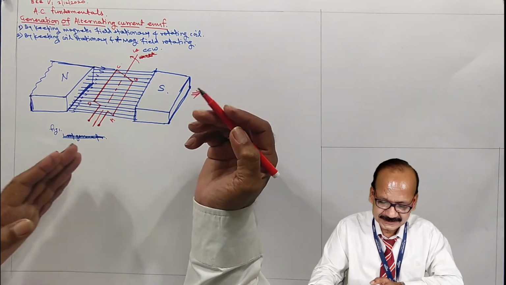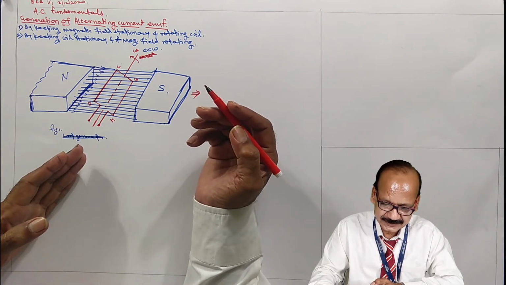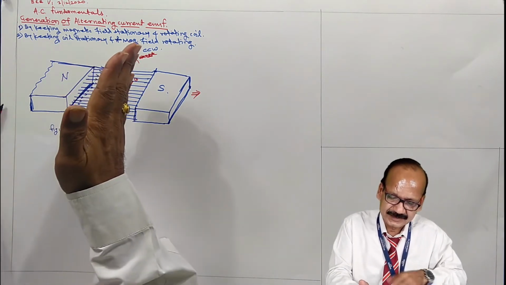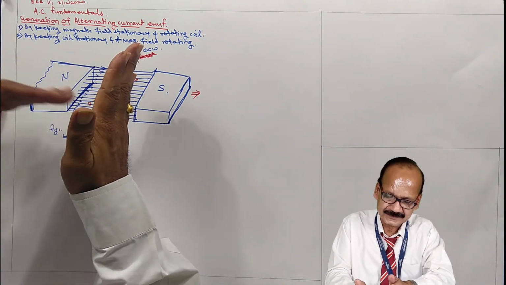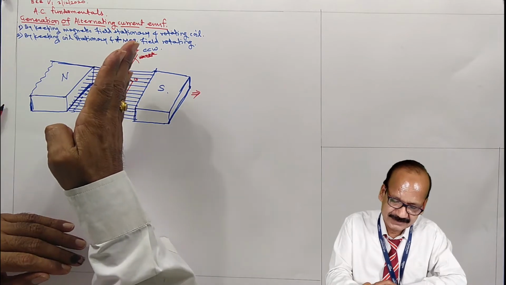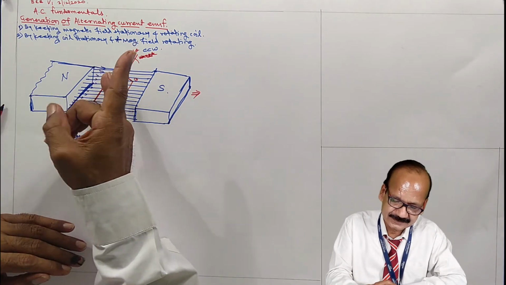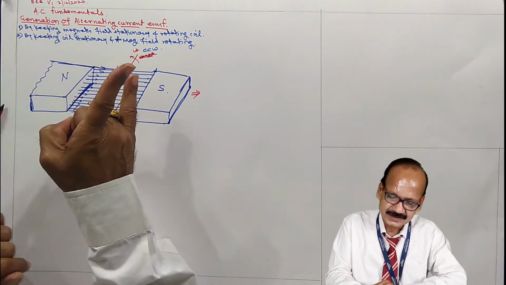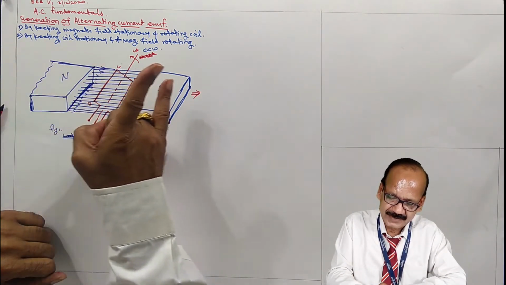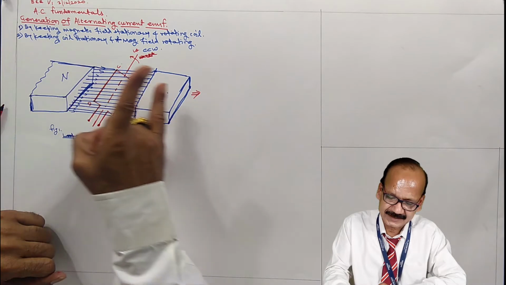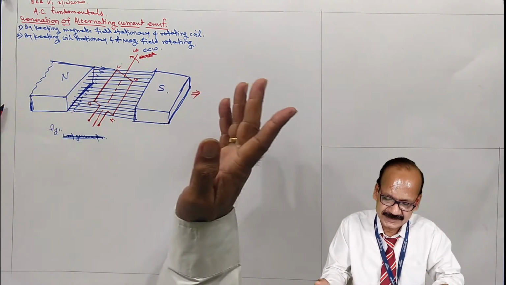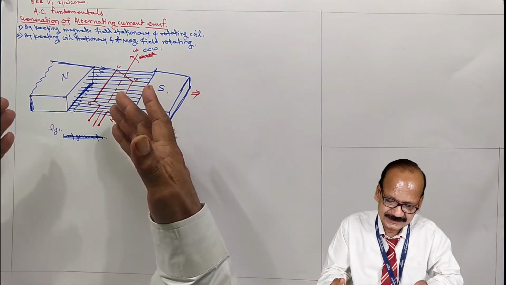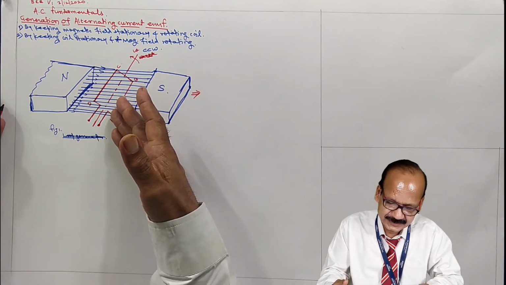Now at the present situation, when the plane of coil is perpendicular to the direction of magnetic field, then this coil side and this coil side both move parallel to the lines of flux or magnetic field, and no EMF is induced in it. So this is the case when zero EMF is induced in it.